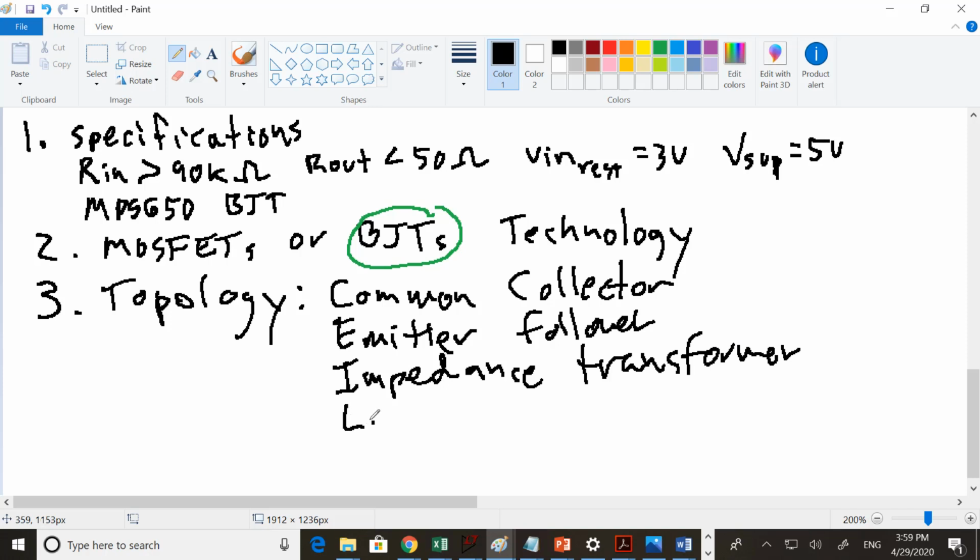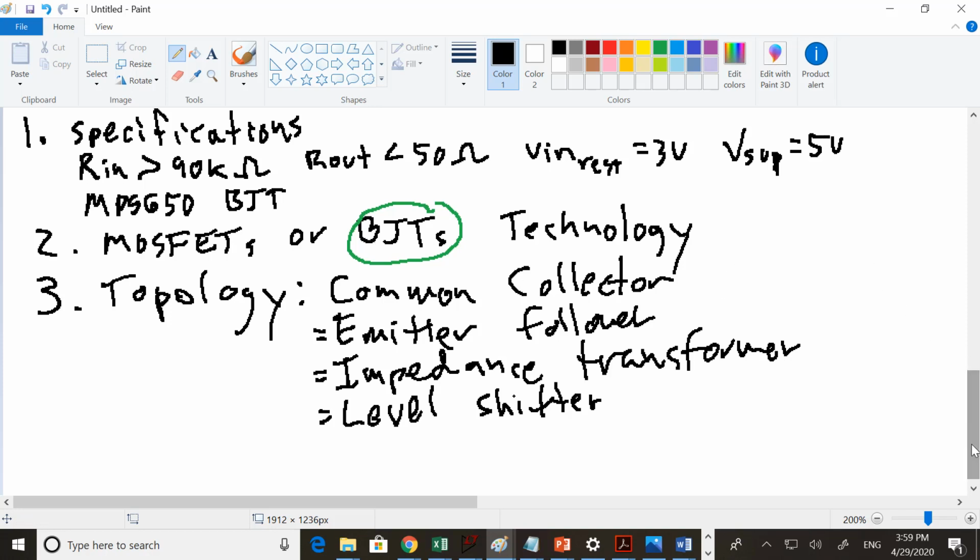And a level shifter is another name. So all of these, and there's actually more names, I'll stop here. All of those are different names for the common collector. These are all equal. So that's the only topology, the only style of single transistor amplifier that has a high Rin and low Rout.